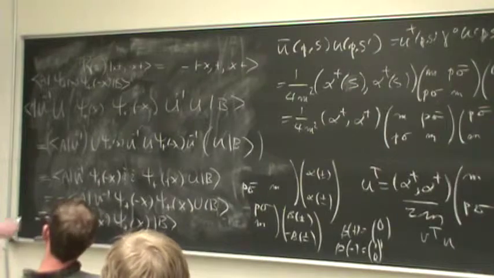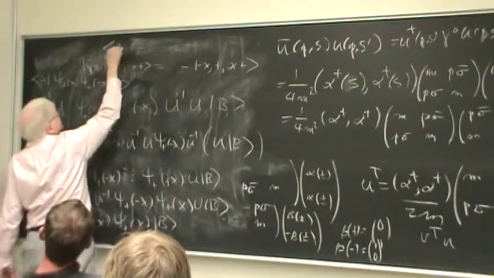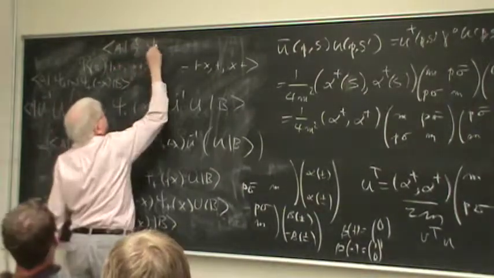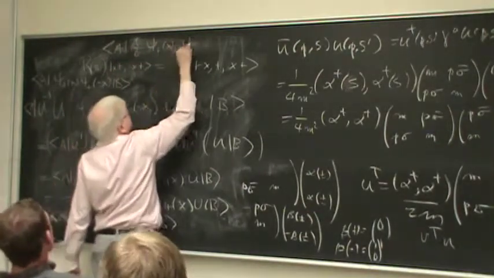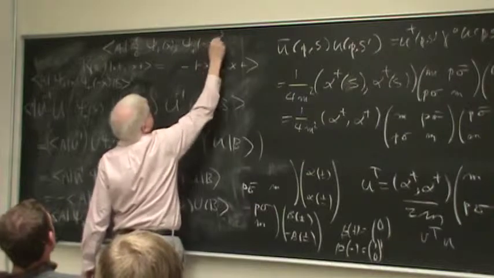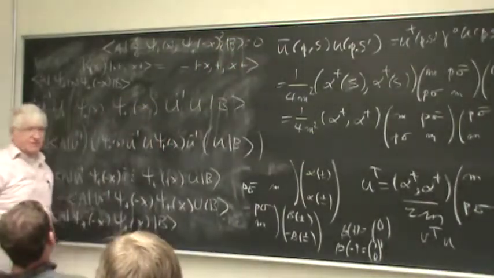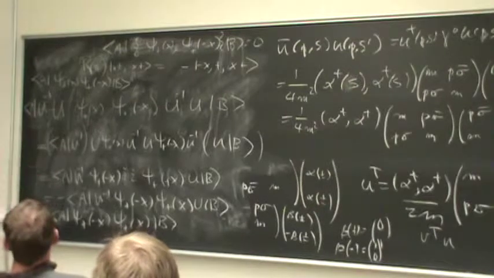And that tells us that the matrix element of the anti-commutator of psi plus of x and psi plus of minus x is 0. Okay? So what we have are anti-commutation relations.